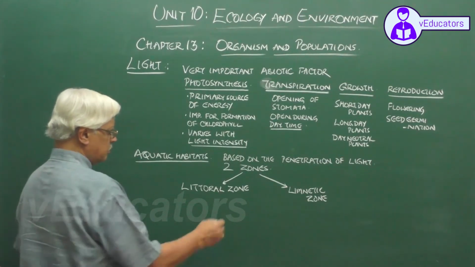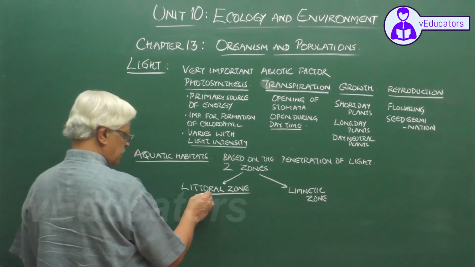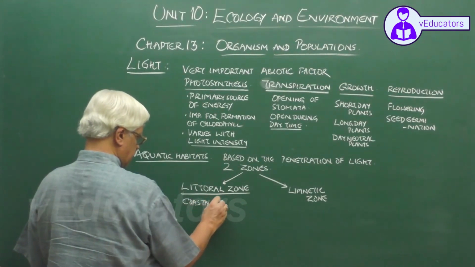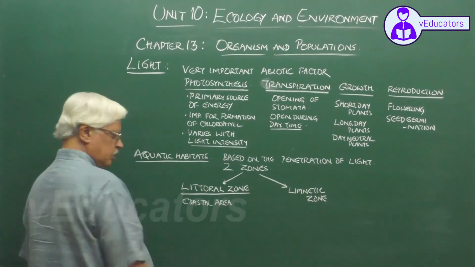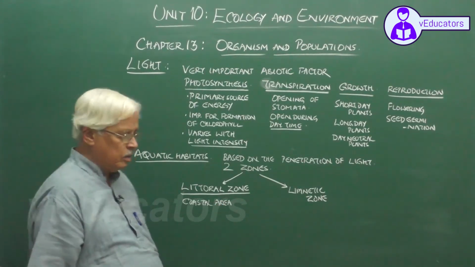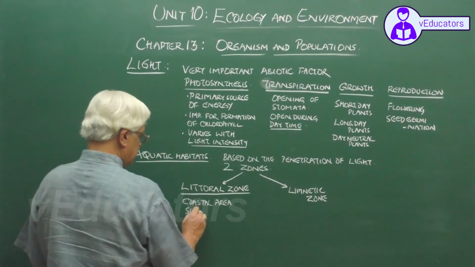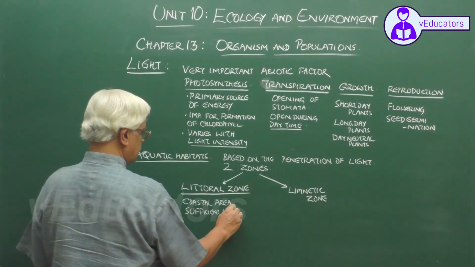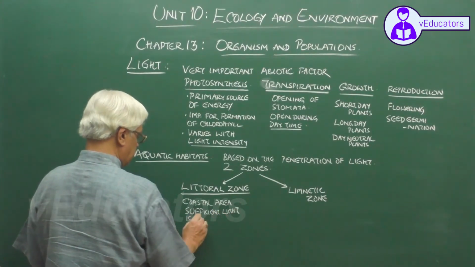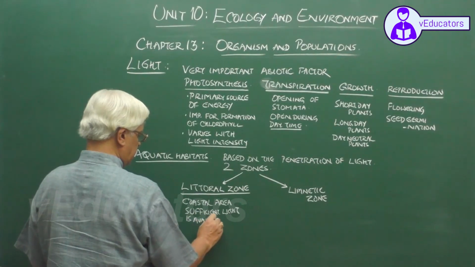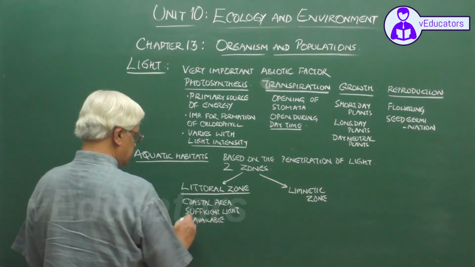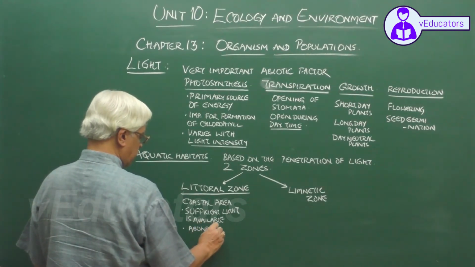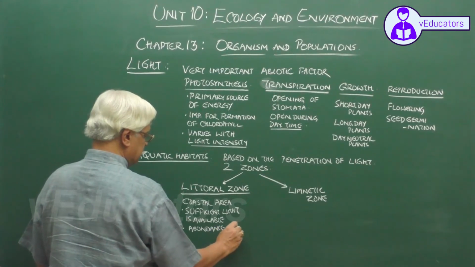Littoral zone is represented by the coastal area, where sufficient light is available, therefore there is abundance of plants.